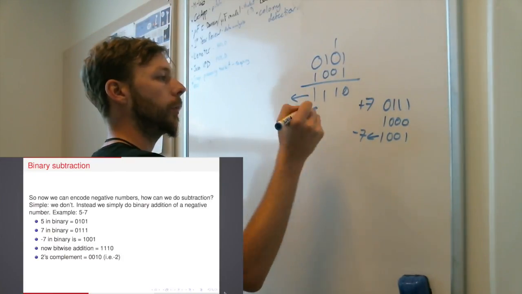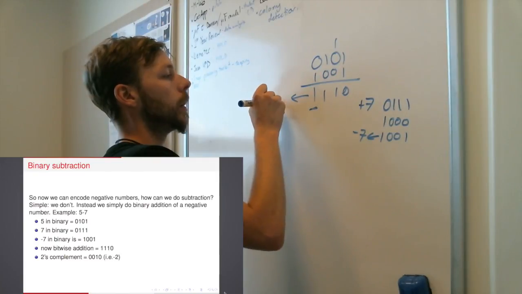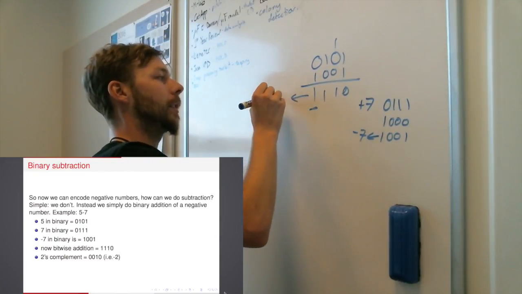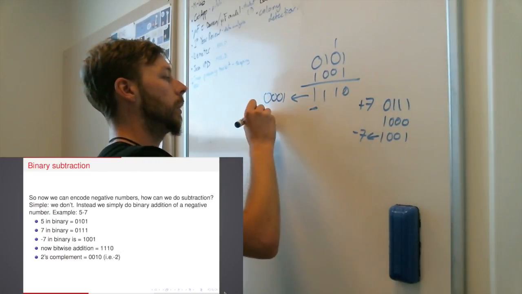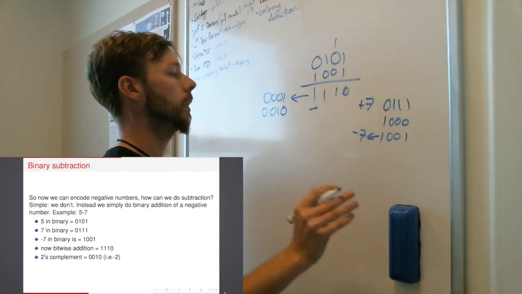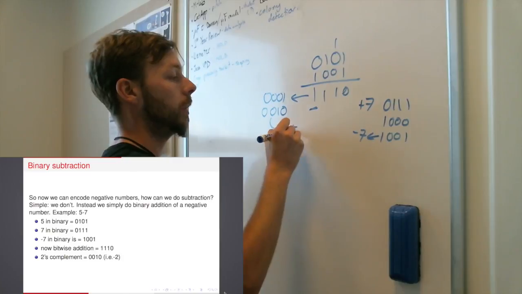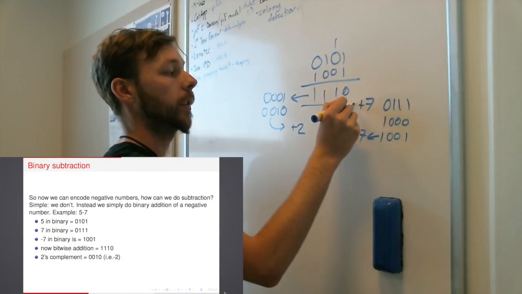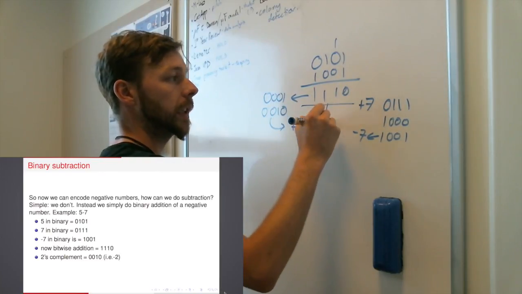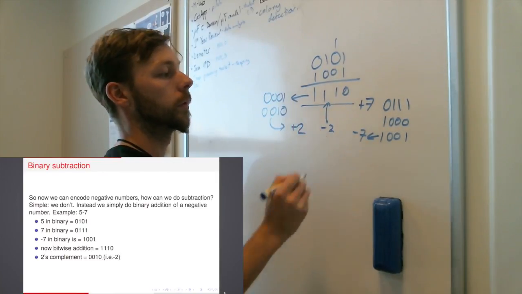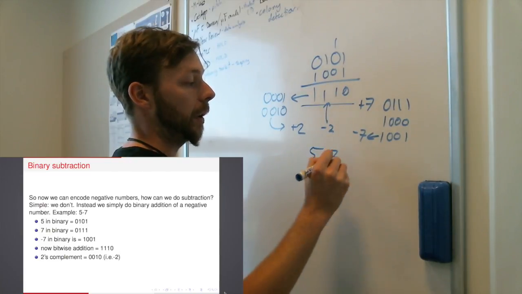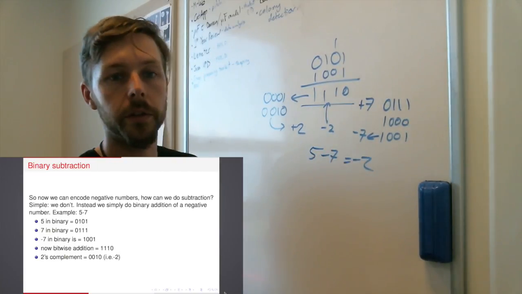First off, I flip the bits, 0, 0, 0, 1, and add 1, so I get 0, 0, 1, 0, and this is +2. Because I've converted this to that, I know this actually signifies -2, which incidentally, if you're following along, our original question was 5 minus 7, so we know it should be equal to -2.